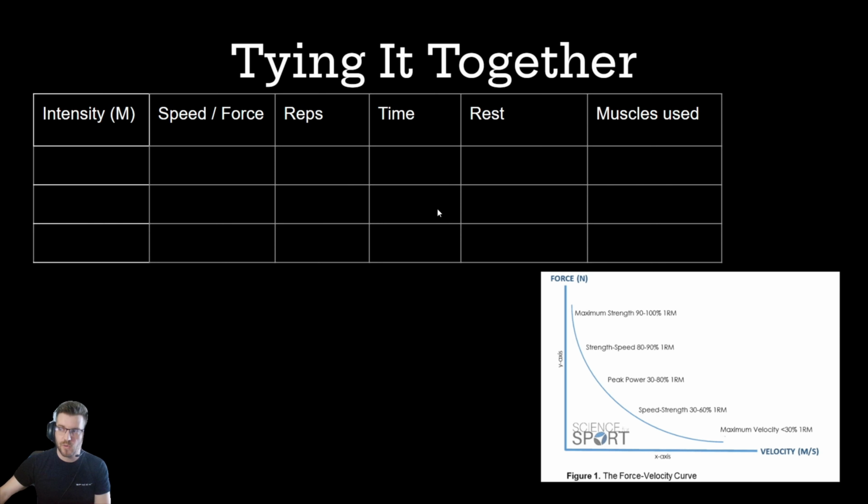So you have a 20-minute workout, and say you just want to do a body weight workout. Intensity is going to be really low because there's not a whole lot of weight being used besides your body weight. So if your weight is really low, the time is high, and the goal is calorie burn, a total body workout, rest is going to be really low, reps are going to be incredibly high, and the speed and force is going to be near max.